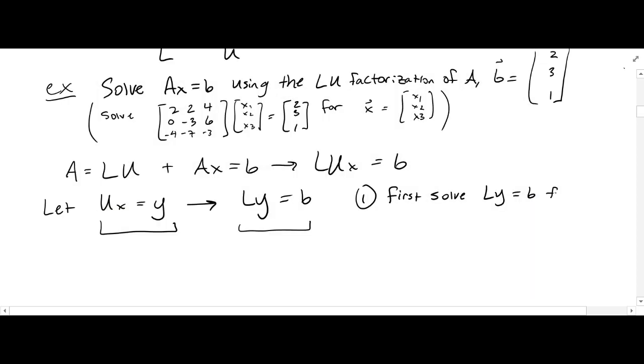You can first solve LY equals B for Y, using forward substitution.